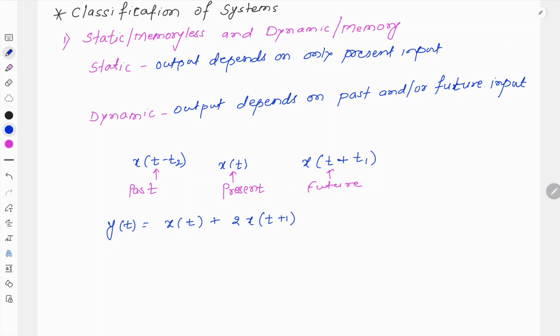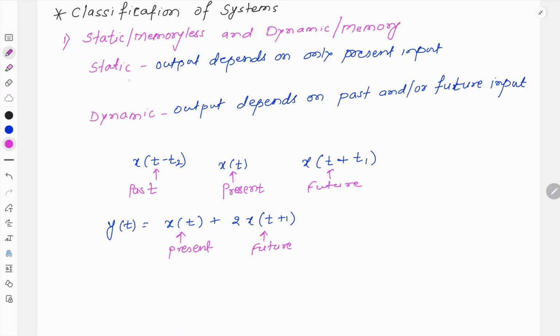So if we look at this equation, here y of t is our output, x of t is the input, x of t plus 1 is also input function. So x of t represents present input, and 2x of t plus 1, so t plus 1 means it is future input. Therefore, this y of t, which is output of our system, depends on present value as well as future value.